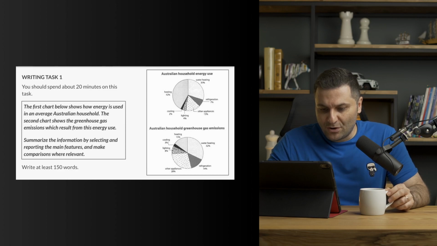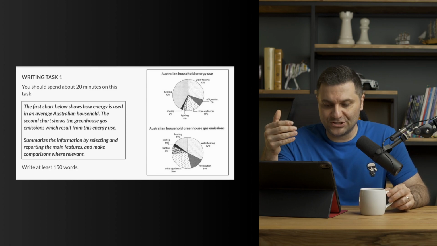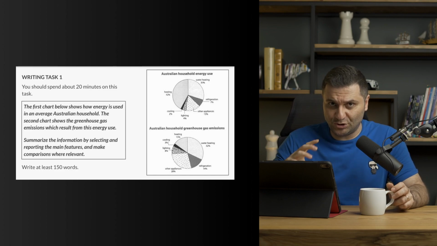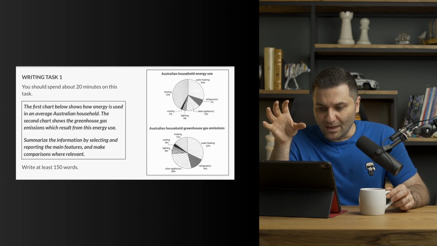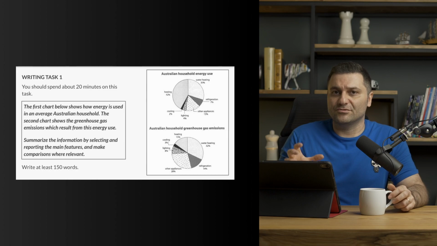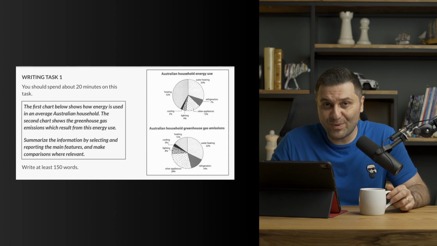The first chart below shows how energy is used in an average Australian household. The second chart shows the greenhouse gas emissions which result from this energy use. So we should compare how energy is used in an Australian household, and then what is the result of this spending, right?